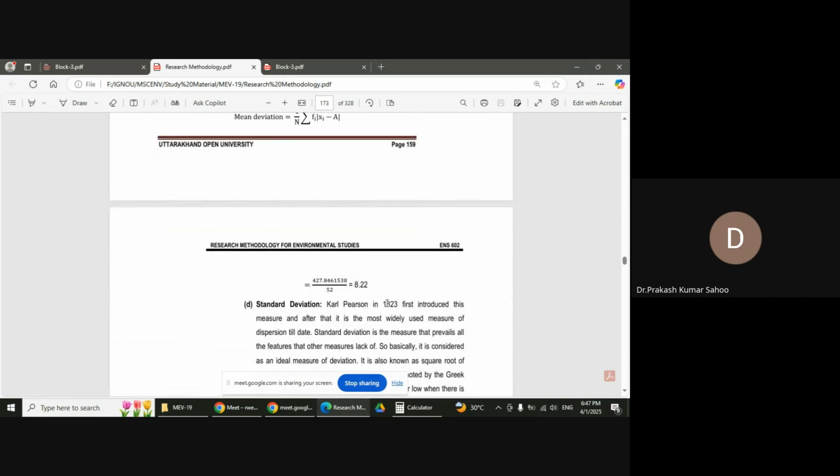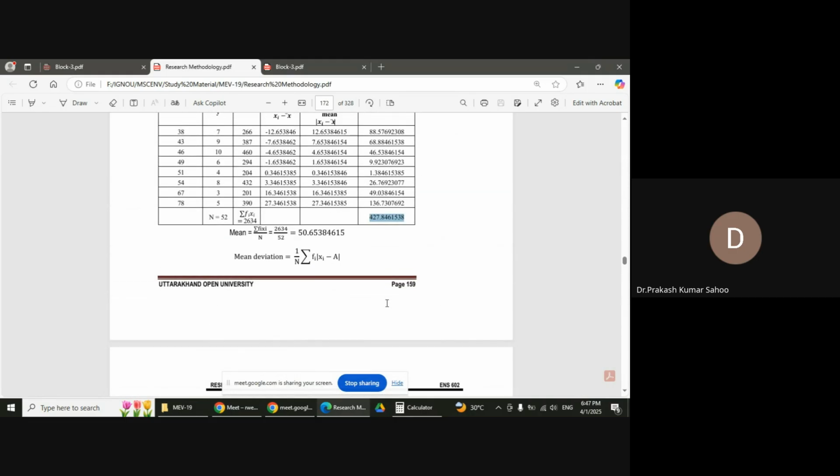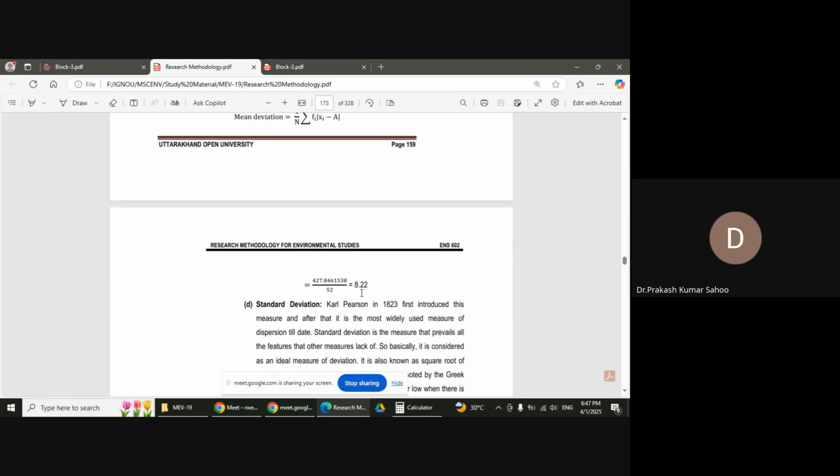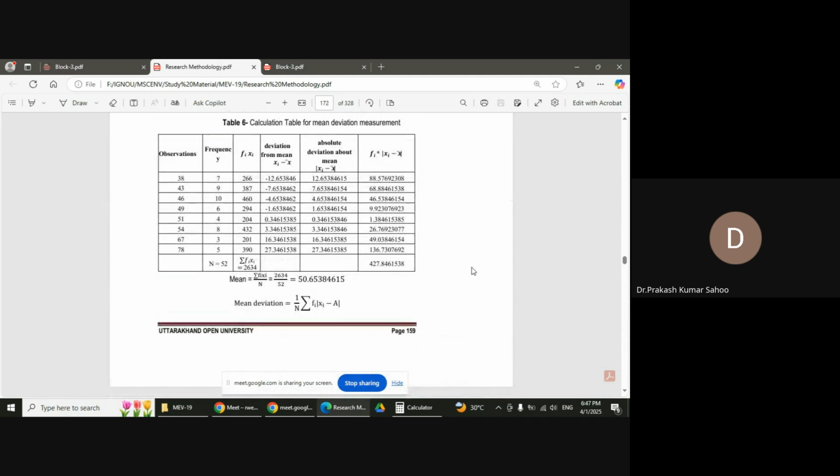After that, your mean deviation will be the sum of fi into absolute deviation divided by the total frequency 52. Then this will be 8.22. So 8.22 will become the mean deviation of the set of data you have.